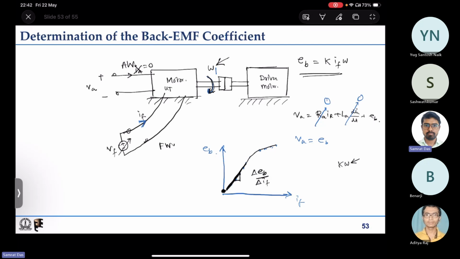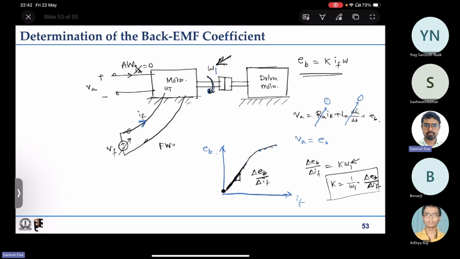So K omega is nothing but this slope delta EB by delta IF, that is equal to K into omega. You know the omega equal to omega 1 you have run the motor at, so you can get K equal to 1 by omega 1 delta EB by delta IF. So this is how to get this K value.